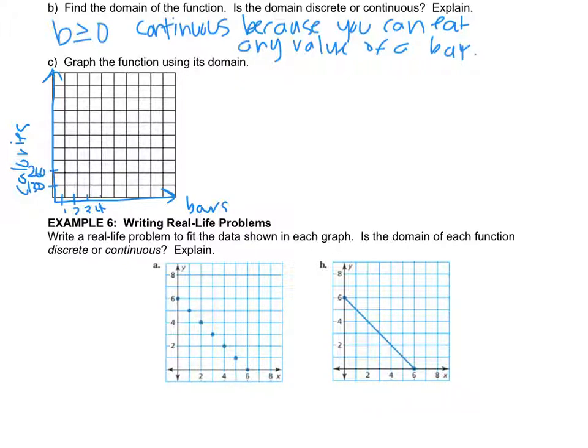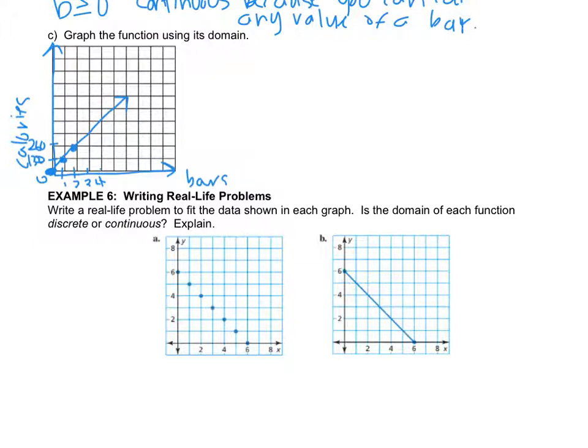I don't need to keep numbering, but that's the pattern. Here's 0 down in the corner. So I can eat 0 bars, and I can also eat 1 bar. I could eat 2 bars. So you kind of see the pattern in the picture. It would look like this. It would just kind of go straight through those dots, continuous, because I can eat any portion of a cereal bar.